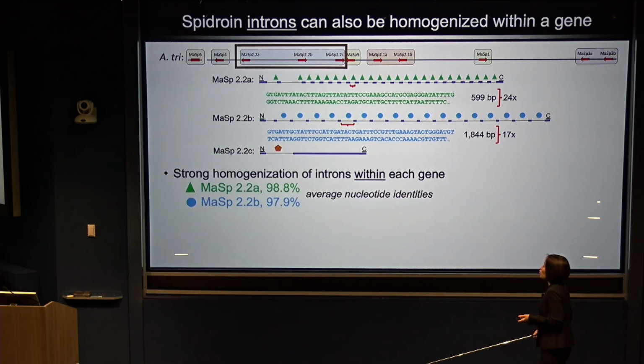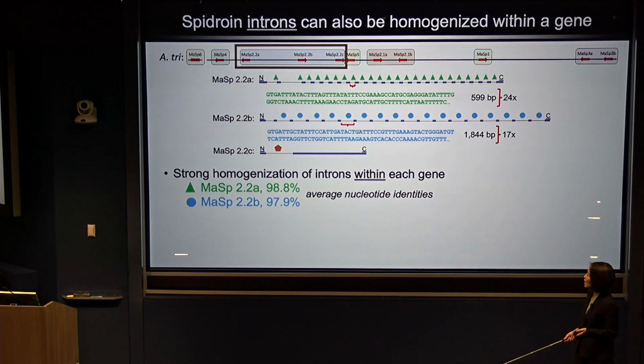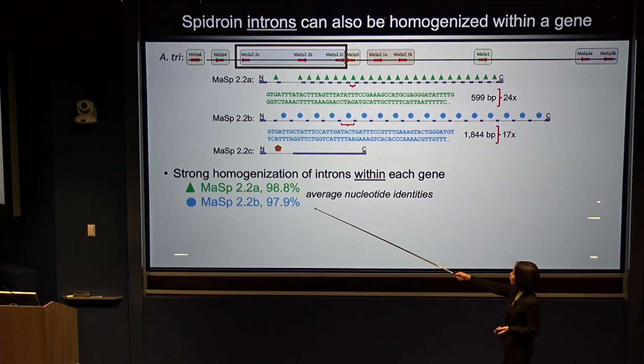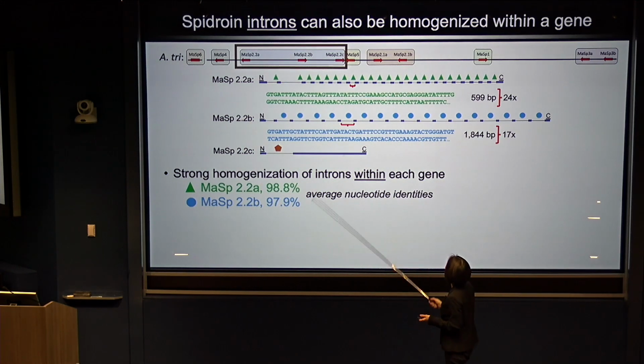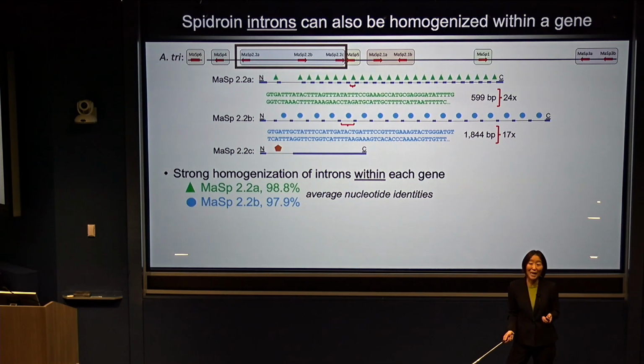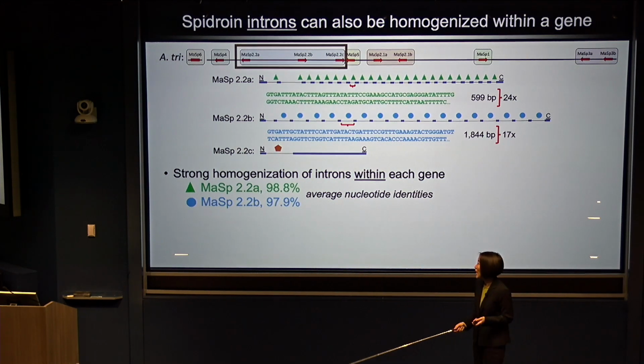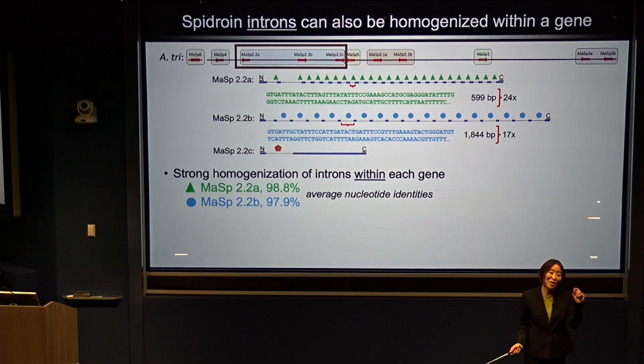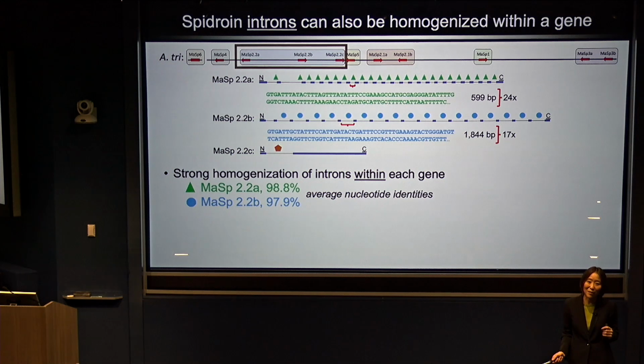So there's strong homogenization of introns within each gene. This green intron type that's in 2.2a that occurs 24 times is 98.8% identical, and the blue one is 97.9% identical. And actually, it's a smidge higher identity than the exonic sequences were.